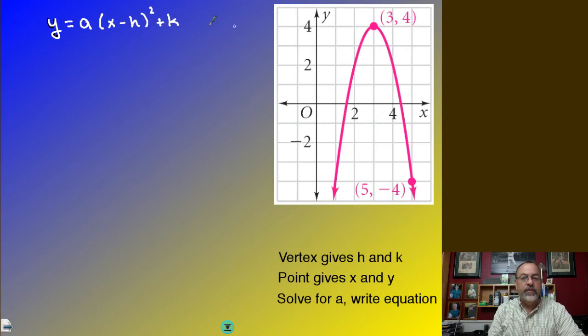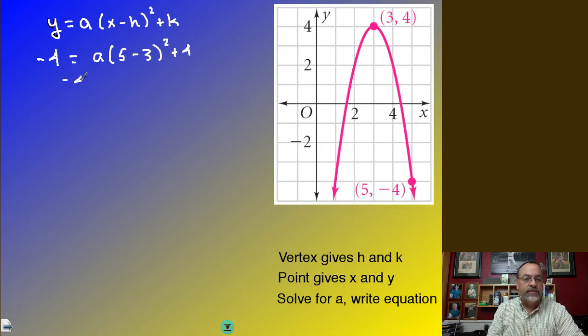Well, h and k, you remember, are the values of the vertex. So let's go ahead and put those in. So I have h, which is 3, and I have k, which is 4. Now, I need to figure out a. I don't know what that is, so I need a y and an x. Well, that's just simply a point on the graph. So I have a y here of negative 4 and an x value of 5. So I have all the values substituted in except a.